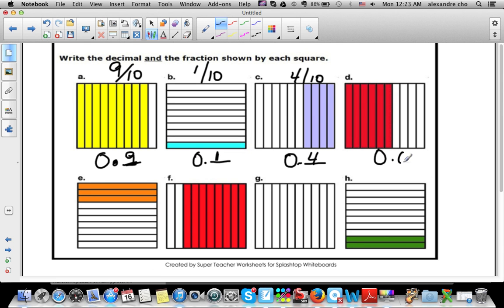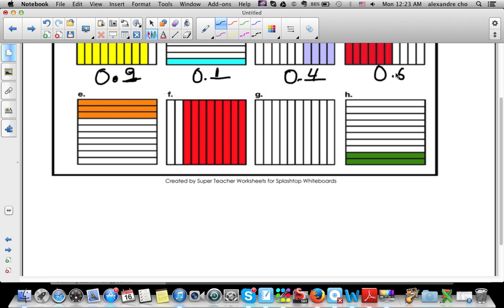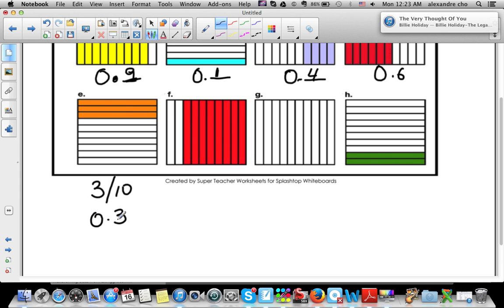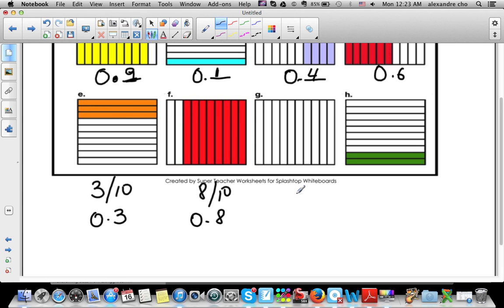It's 0.6 or 6 out of 10. E is 3 out of 10 or 0.3. F, 8 out of 10 or 0.8. G is just 0. And then finally H is 2 out of 10 or 0.2. Okay.